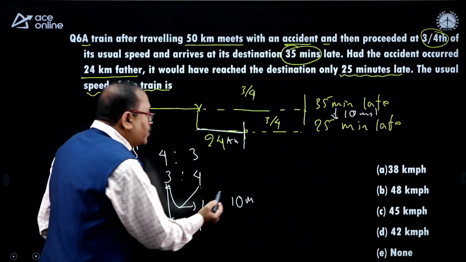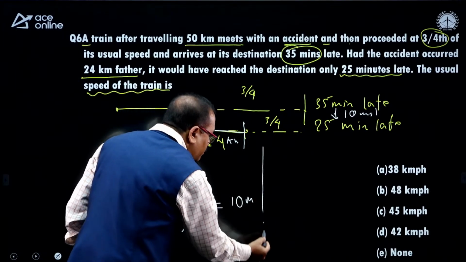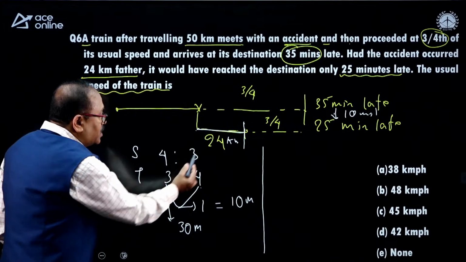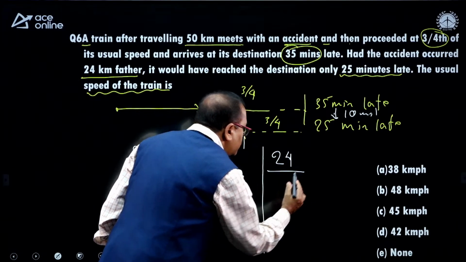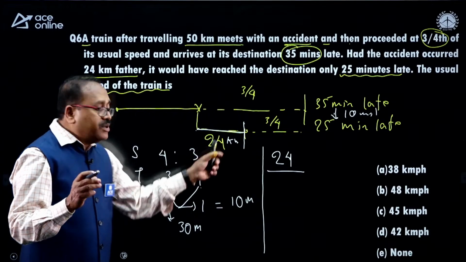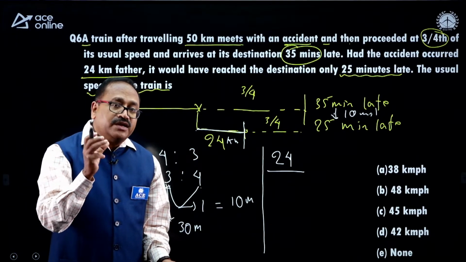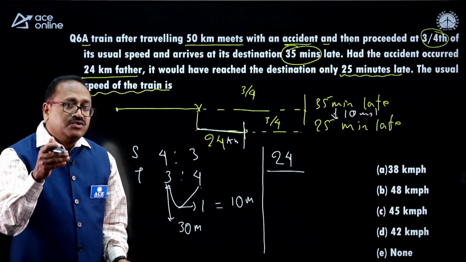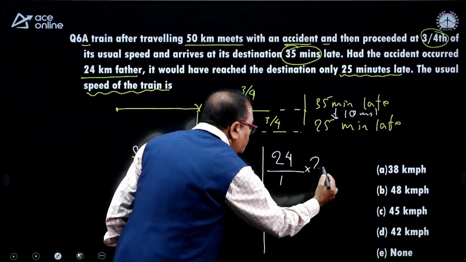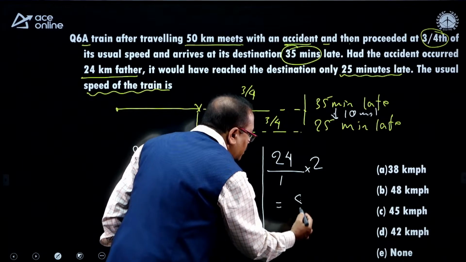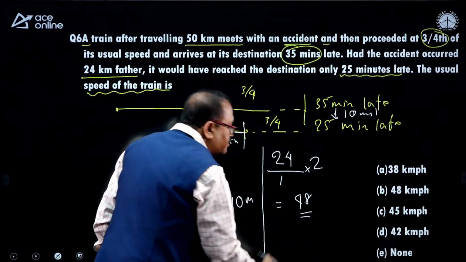Now, what will be the usual speed? I am writing over here. The usual speed will be 24 by 30 minutes, as it is kilometer. 30 minutes if I write in hours, it is 1 by 2. So, 24 into 1 by 2, and that gives us 48.